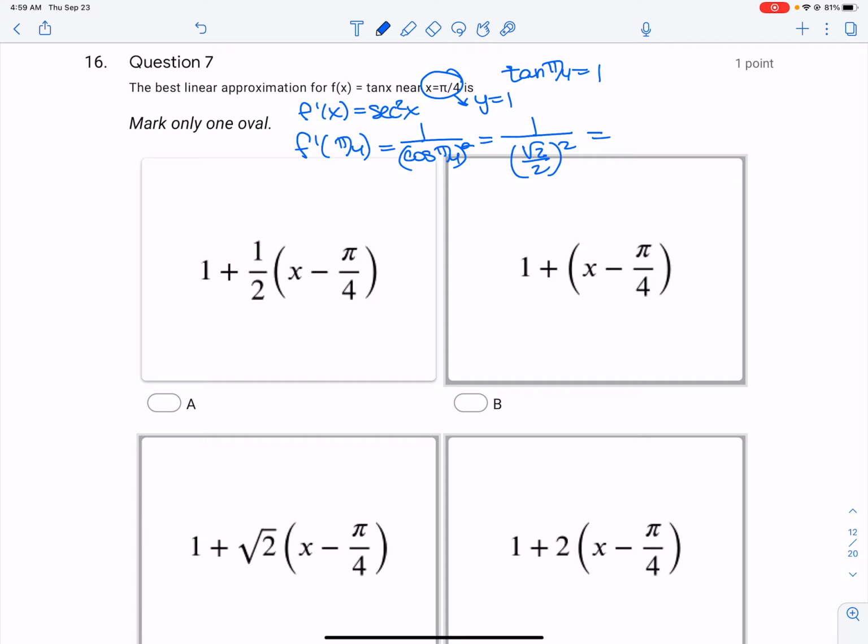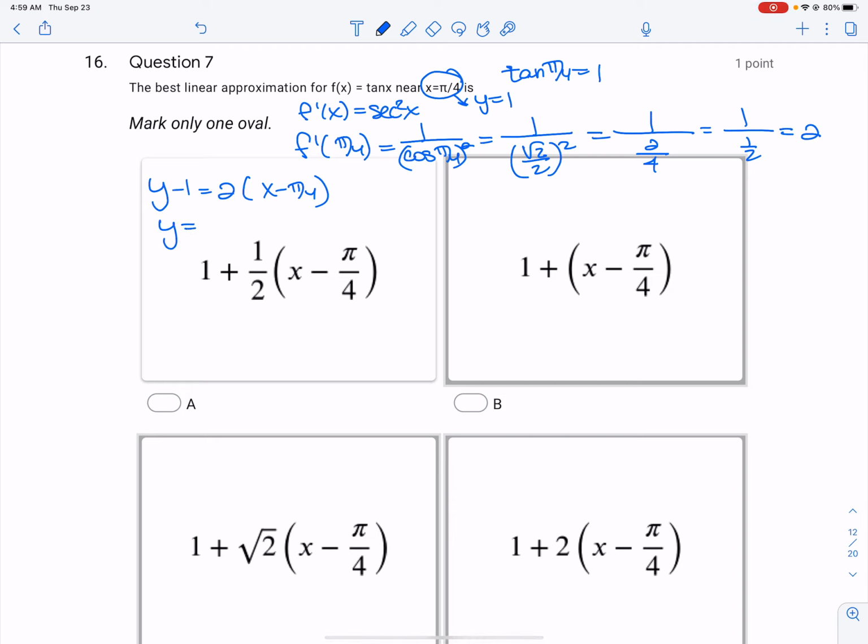And so then that is 1 over the square root of 2 squared, which is just 2. 2 squared is 4, so then this is 1 over 1/2. Invert and multiply and you get 2. So then I have y minus 1 is equal to 2 times x minus pi over 4. For linear approximation, you do have to move the 1 to the other side.